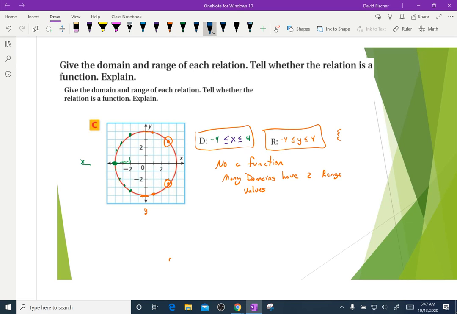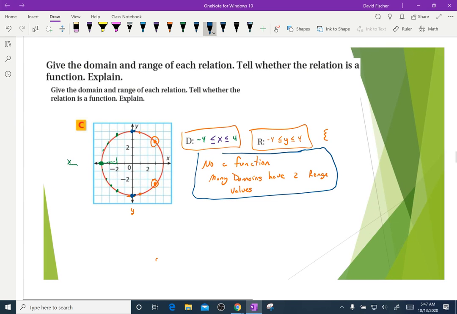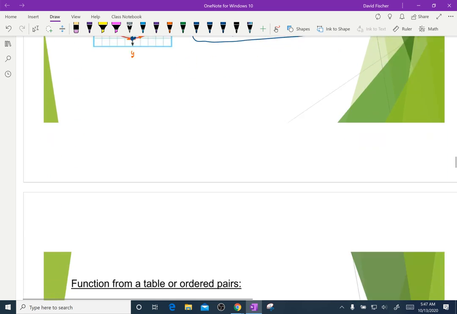If I went to 0, x is 0. Well, I'd have a value down here at negative 4, and I'd have one up here. If I went to 0.1, I'd still have 2. So there's too many to list. And so in this case, we can say the many domains have 2 range values because there's just too many to list. Hardly ever does that happen that it's a circle like that, okay?